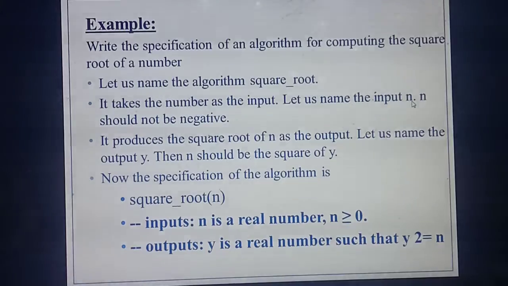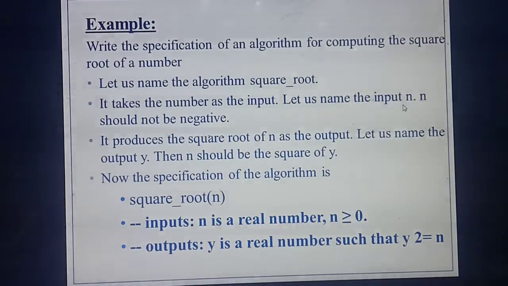N. For example, you have studied a square, b square, c square. A equal to 5 means you can give 5 square, or b equal to 10 square, or 2 square. Like that, if you are giving some number as an input, you should declare it along with a variable. Okay students, so that variable you are taking as n.